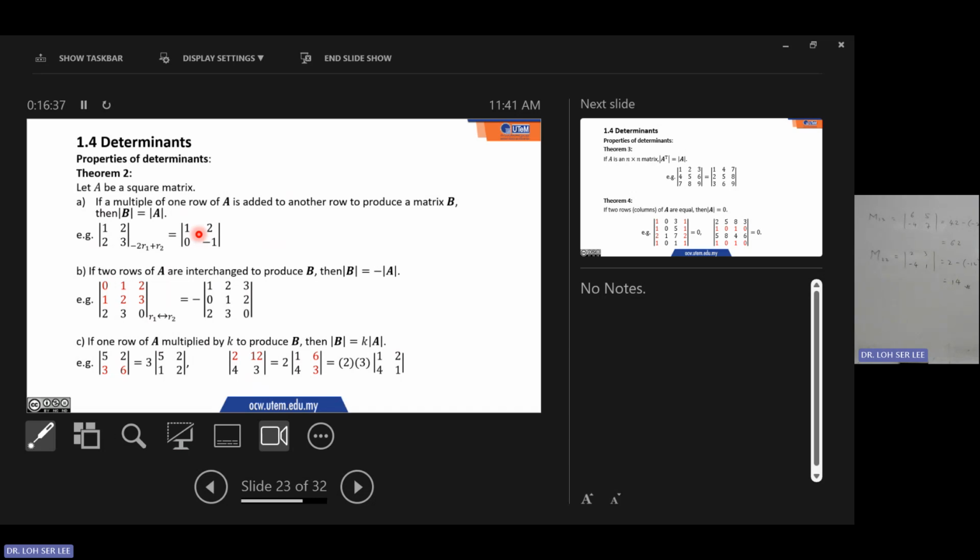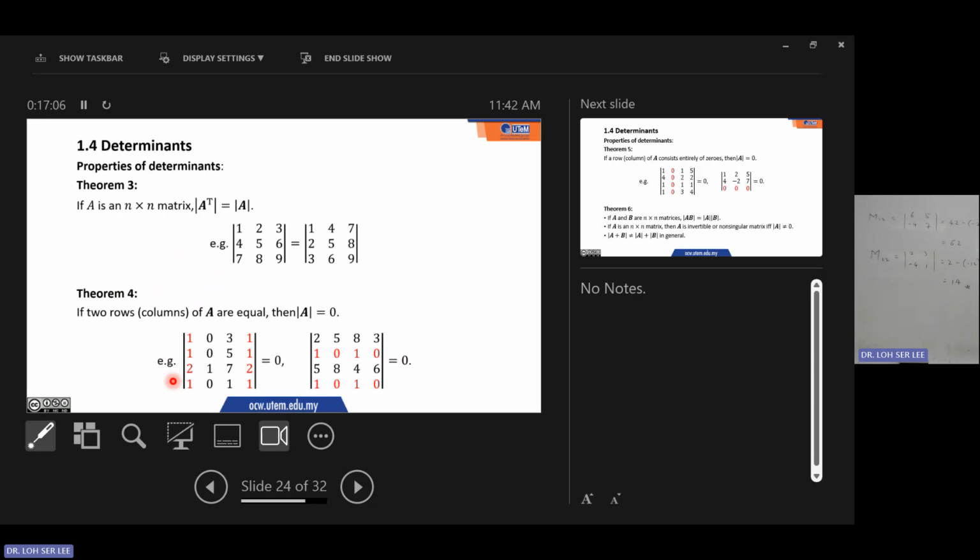At this moment, what I want to introduce is: if you use this way to row reduce the matrix, there are no changes on the determinant. If you swap the rows, you get one extra negative sign. If you factorize any of the rows or columns, the value is multiplied to the determinant of the new matrix. That's what you need to know.